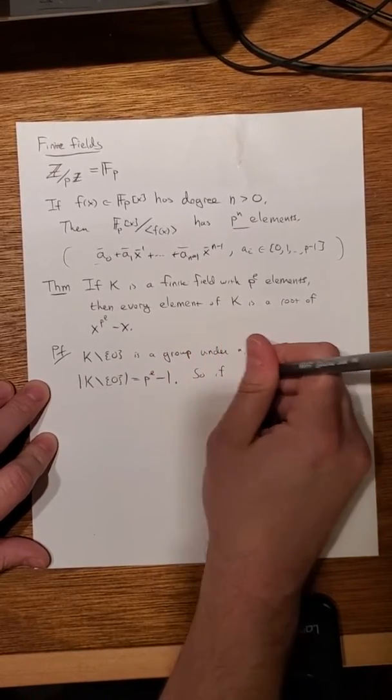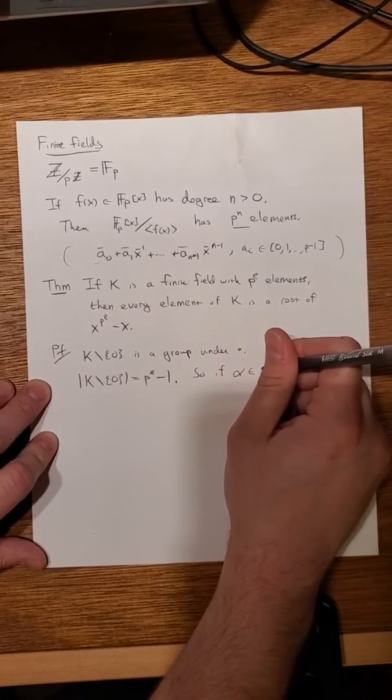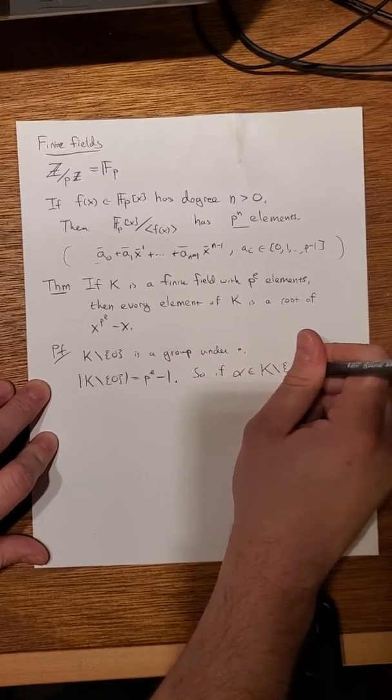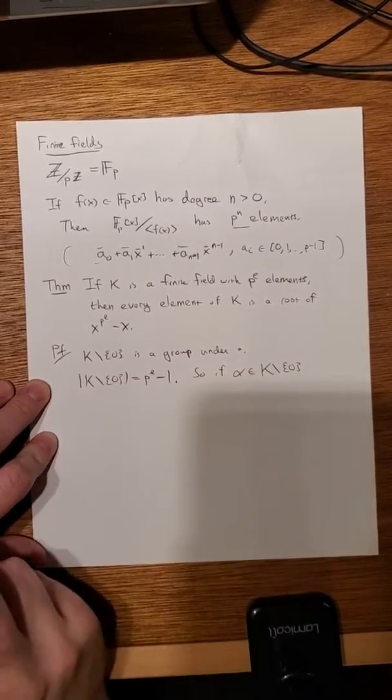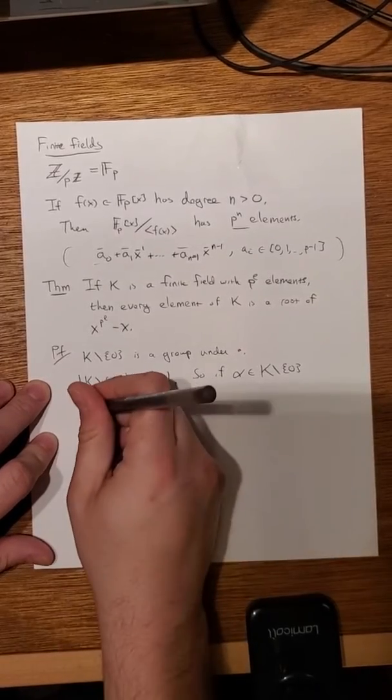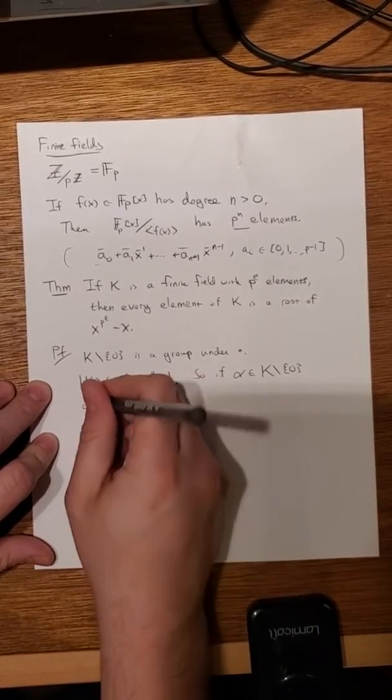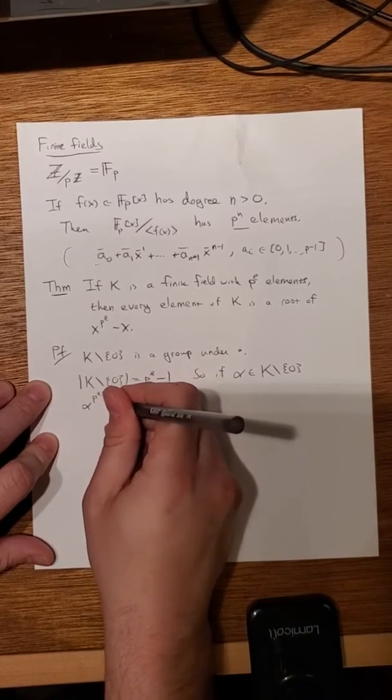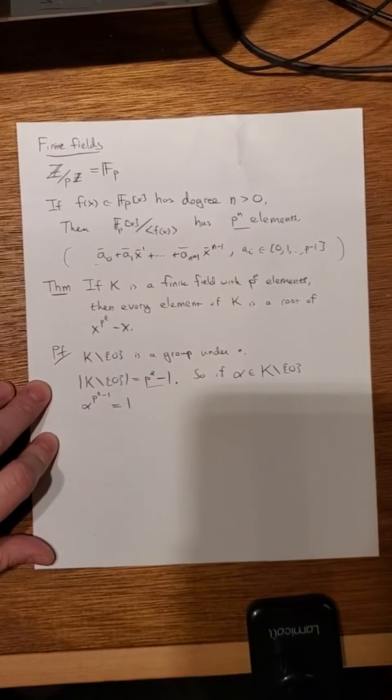So if alpha is in our group K minus 0, then by Lagrange's theorem, alpha to the order of that group, p to the e minus 1, is the identity. That's 1.